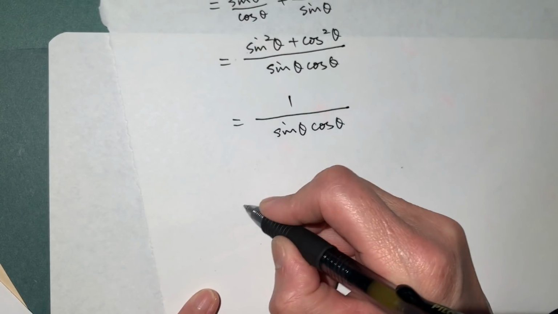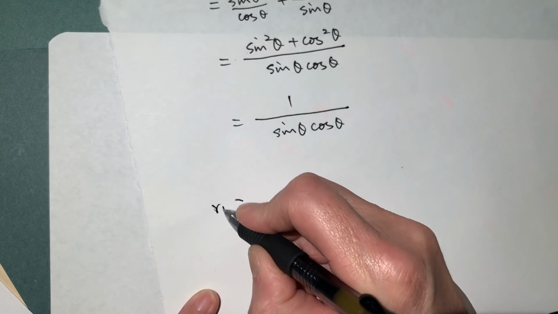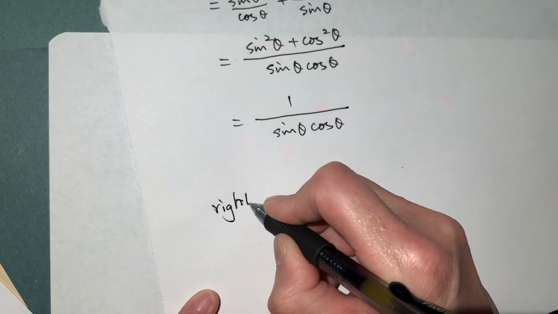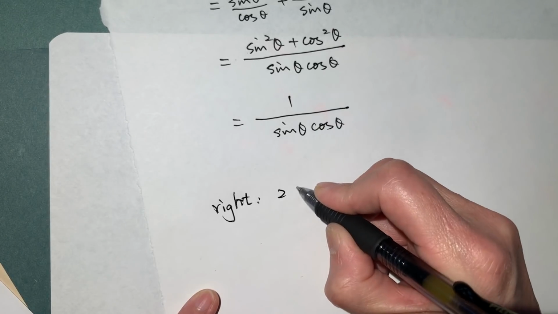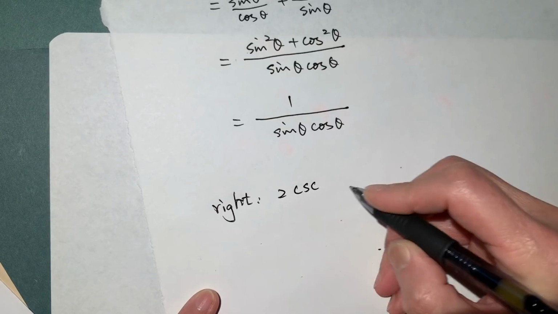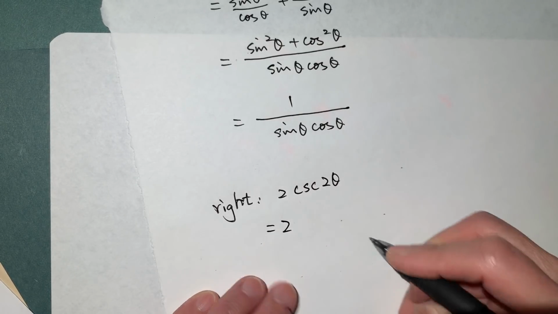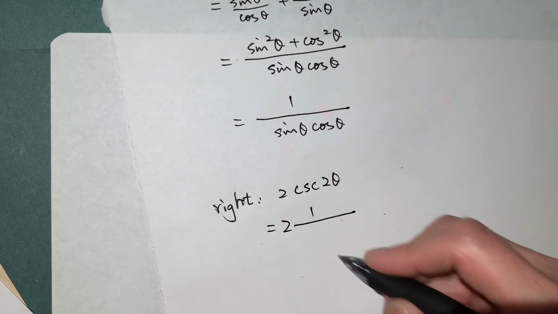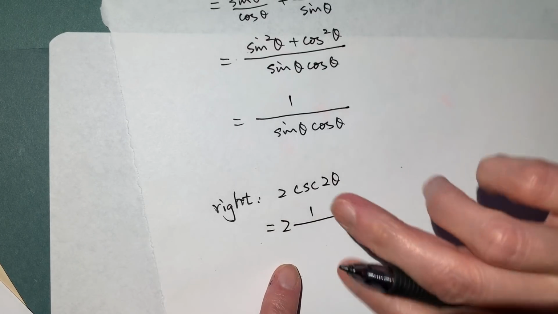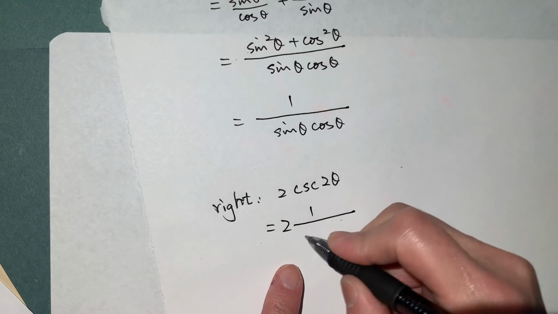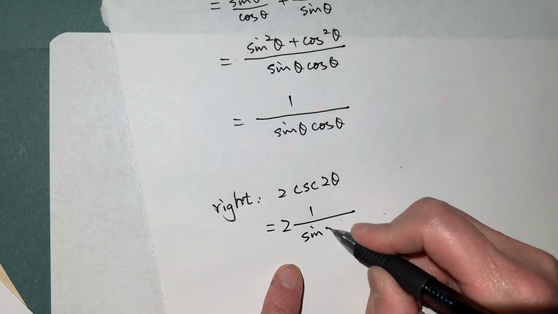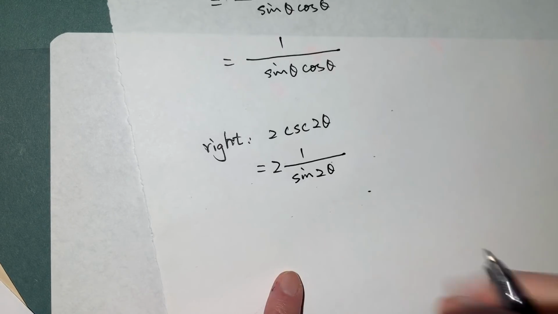Okay, on the right side, 2 cosecant 2 theta equal to 2 times 1 over, cosecant is the reciprocal of sine 2 theta, right?